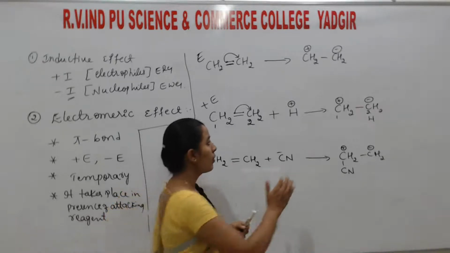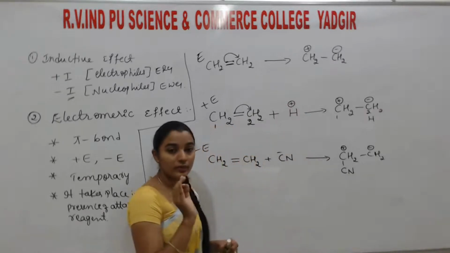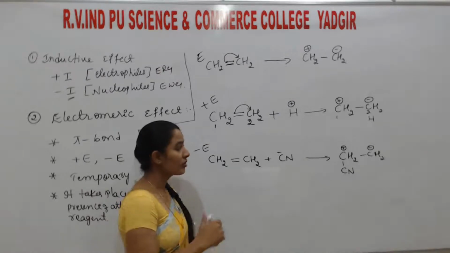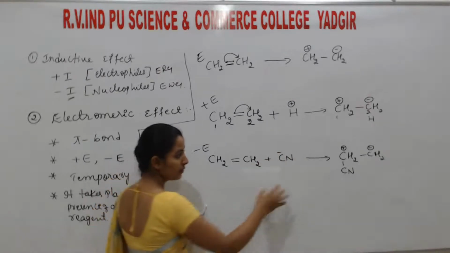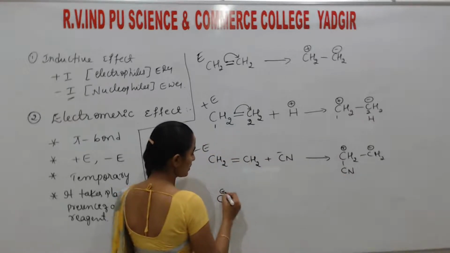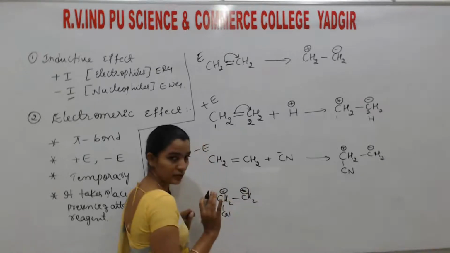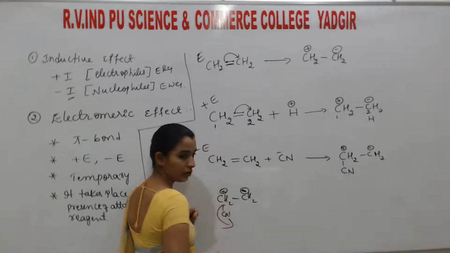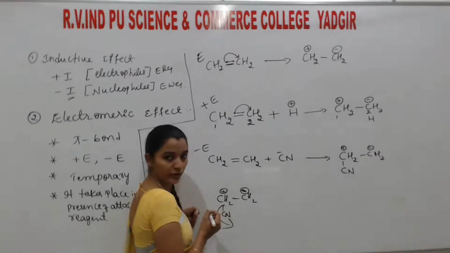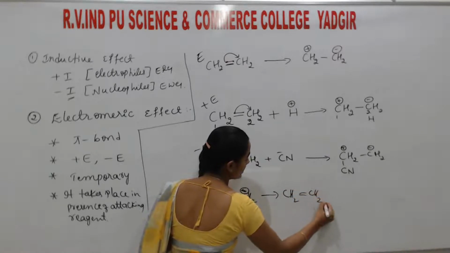I told you, only in the presence of the electrophile and the nucleophile do they exhibit the plus E and minus E effect. If we remove them, then again they become CH2 plus and CH2 minus, here with Cn minus, assume. If we remove this electron rich species, the nucleophile, then of course it forms CH2 double bond CH2.